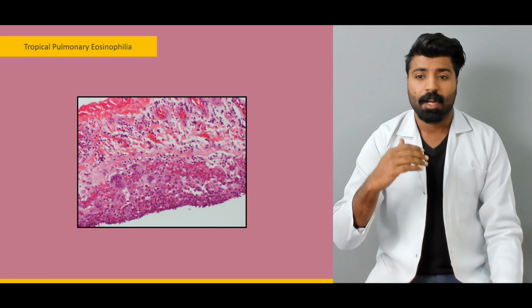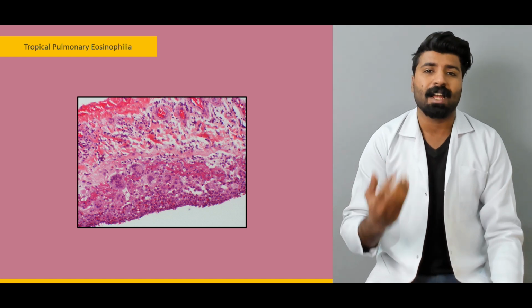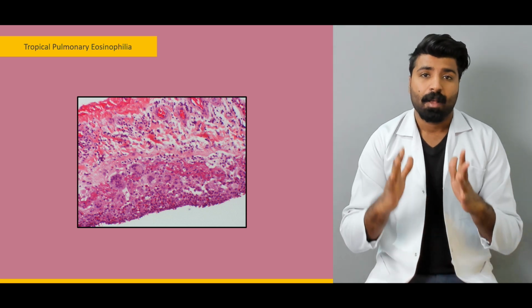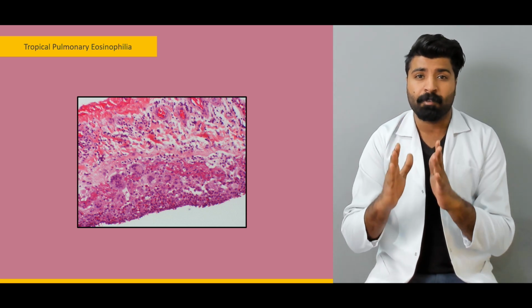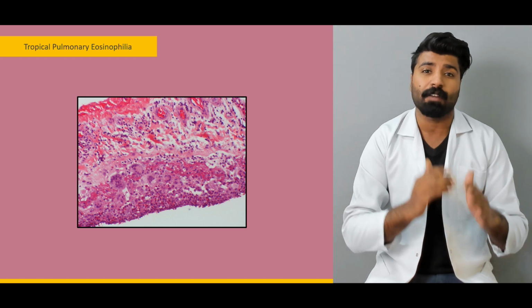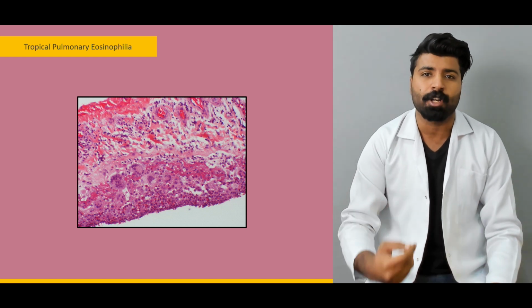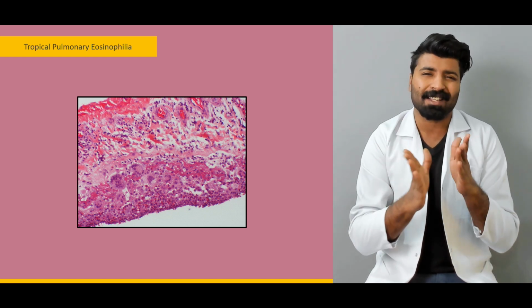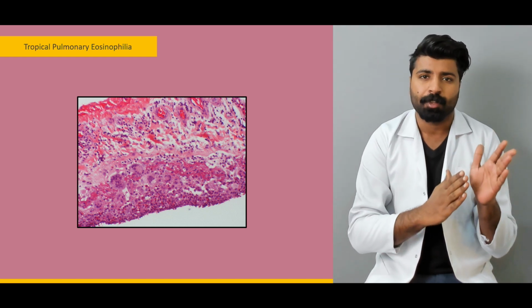Once it was described, many other scientists jumped in and started studying it. The correlation between pulmonary infiltrates and eosinophilia was divided into 5 different kinds of pneumonias. Why pneumonias? Those pulmonary infiltrates were basically going towards the picture of pneumonia.